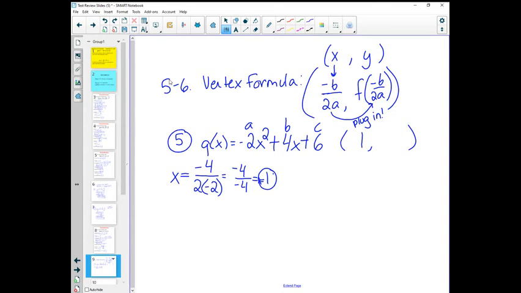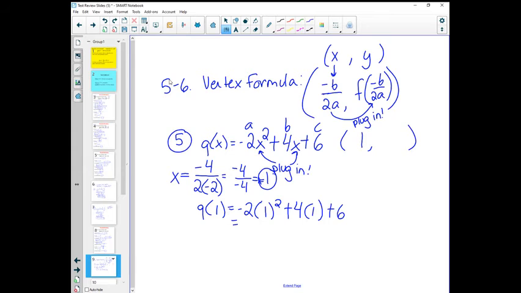Now to go find y, I'm going to take this and plug it back in for all of the x's. So q of 1 is -2 times 1 squared plus 4 times 1 plus 6.